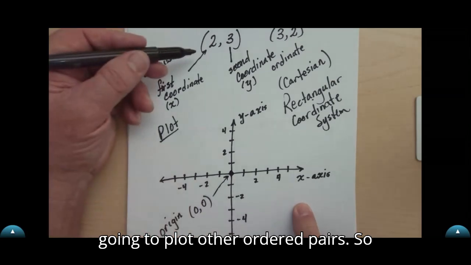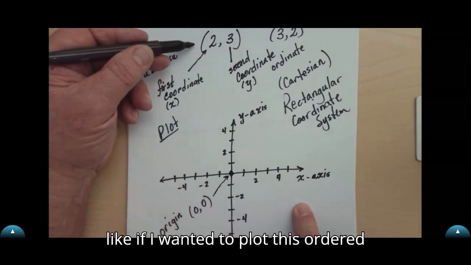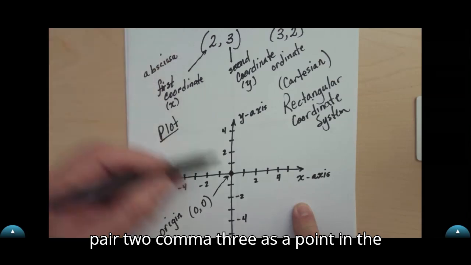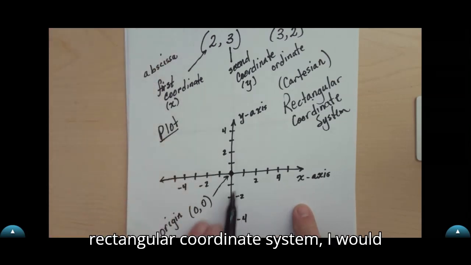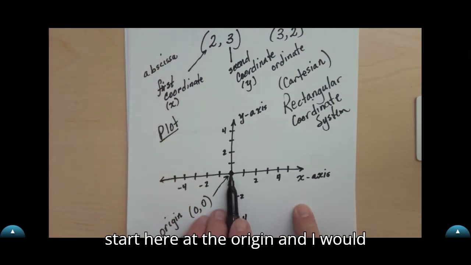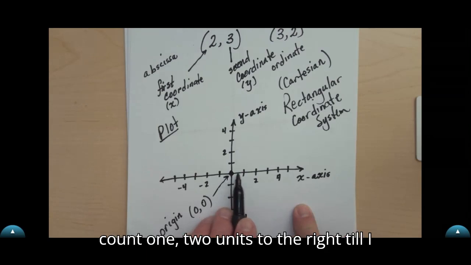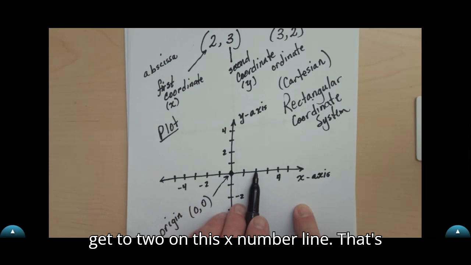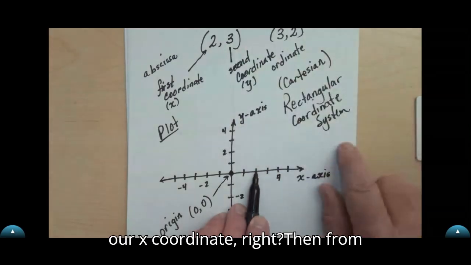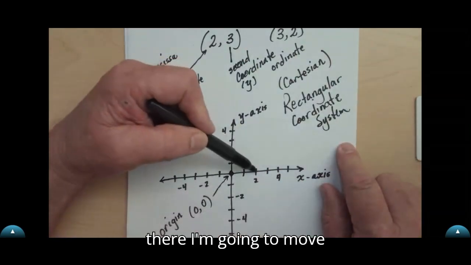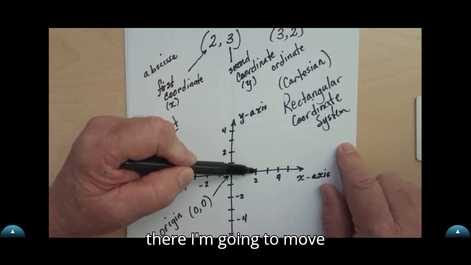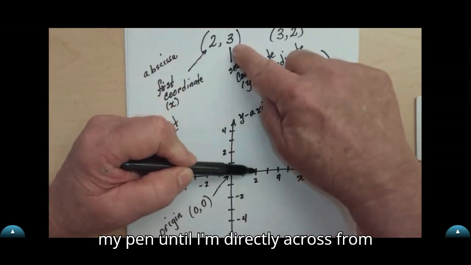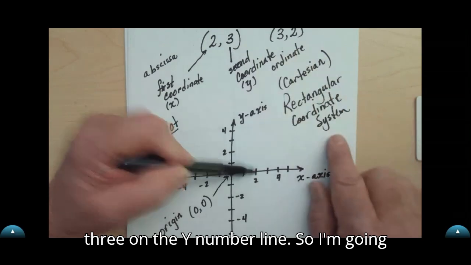And one of the reasons for that is that's the starting point when we plot other ordered pairs. So if I wanted to plot this ordered pair (2, 3), I would start here at the origin and count 1, 2 units to the right till I get to 2 on this X number line. That's our X coordinate, right? Then from there, I'm going to move my pen until I'm directly across from 3 on the Y number line.